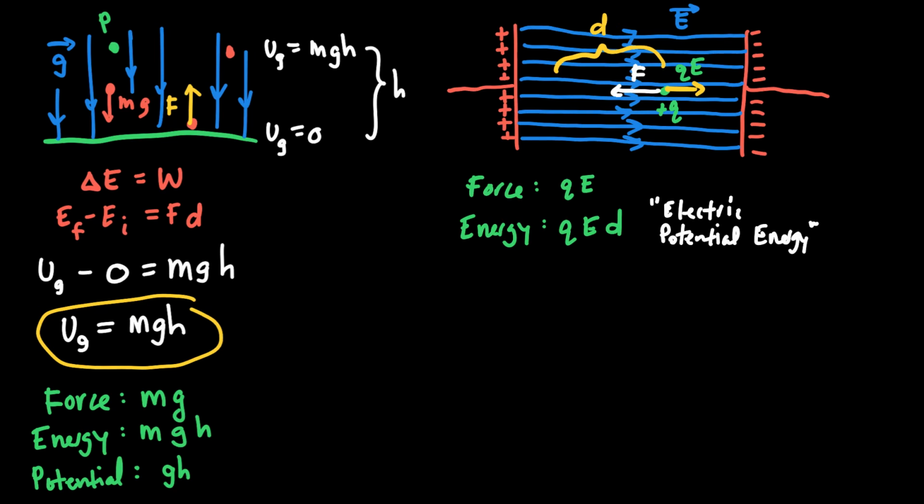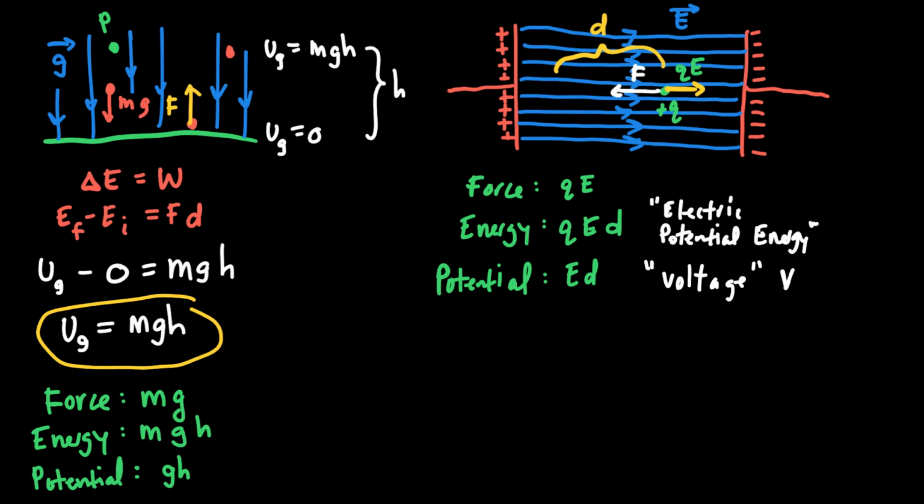So instead of gravitational potential energy in the gravitational field, this charge gets electric potential energy in the electric field. And similar to my example on the left, I want to define potential as the product of the electric field and its position in that electric field. We have another name that we use for the potential in an electric field, and that is voltage. And so this is also called voltage. And for voltage, we use the symbol V.